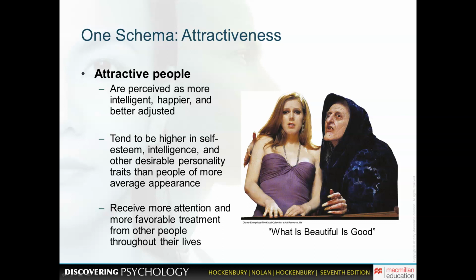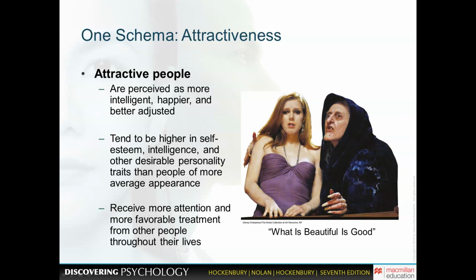When it comes to one of those schemas, you might remember I mentioned the term schema a little bit earlier. One of the schemas is attractiveness. Attractive people generally tend to be perceived as being more intelligent, happier and better adjusted.